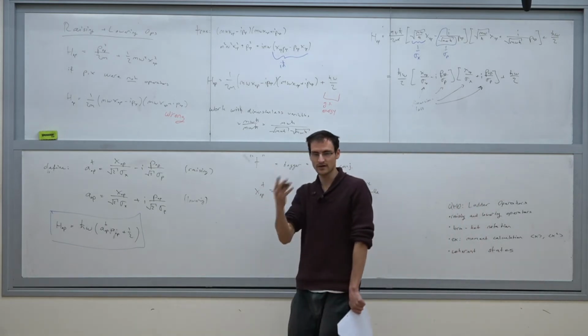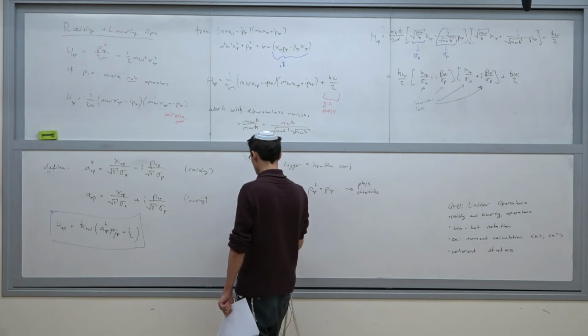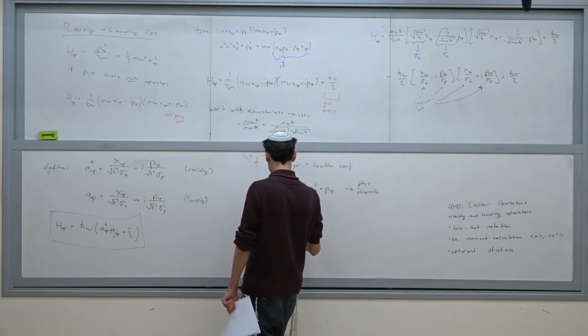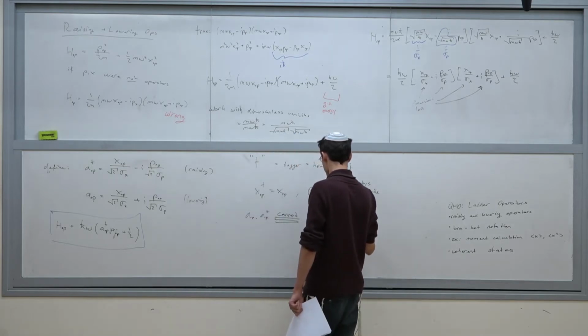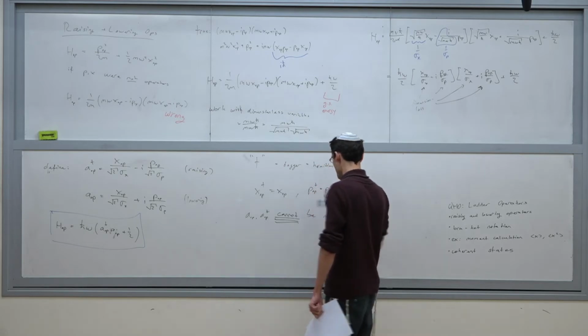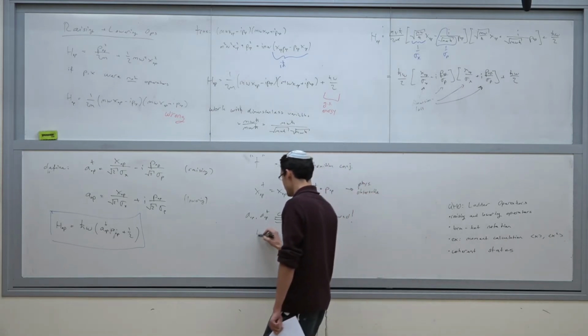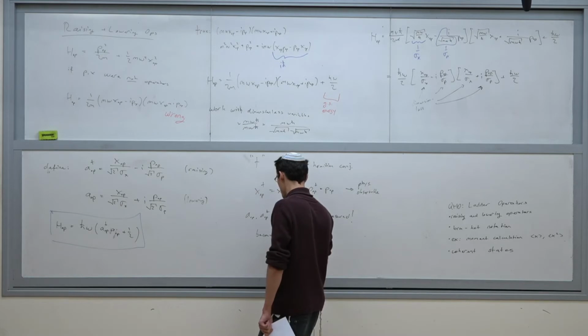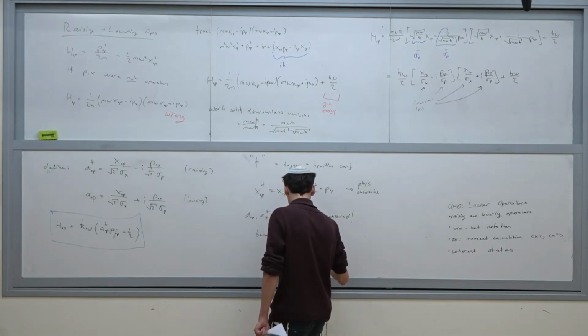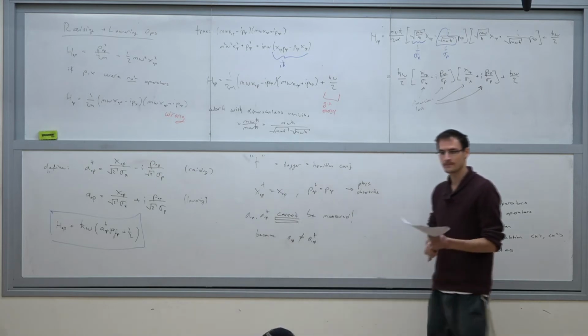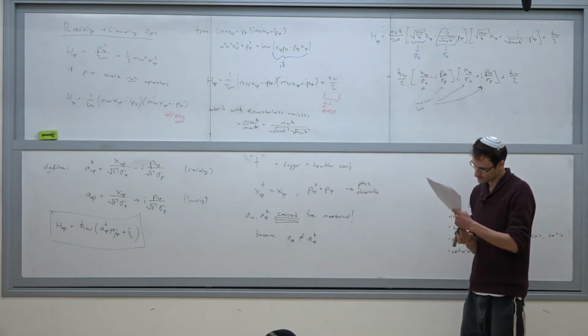You cannot measure A or A dagger, because they're not equal to each other. Okay, is this clear? This is a very important point.